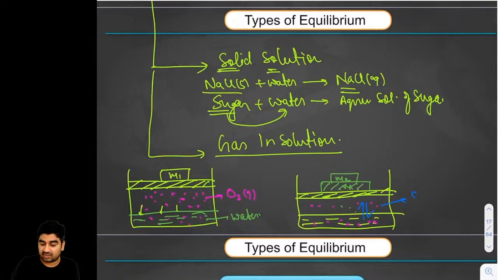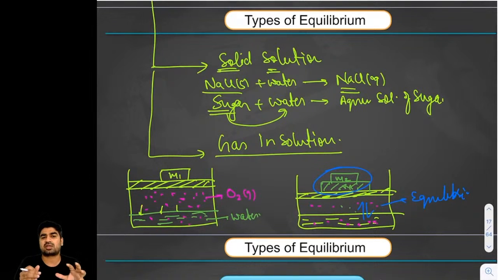So again there is an equilibrium. If you increase this pressure, more and more particles will be dissolved, and you will say that more and more gas is dissolving, solubility is increasing. So on increasing the pressure, solubility of gas will increase inside the water.